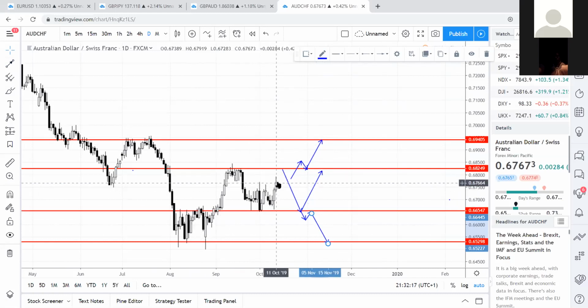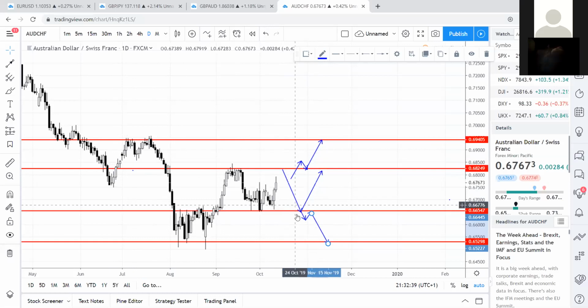I'm expecting the buy to continue to this point. Once it gets there, it either reverses or it breaks, retests, and keeps going up to the next resistance zone. Or when it gets to this point, it reverses, and then you could go back up or break, retest, and keep selling.